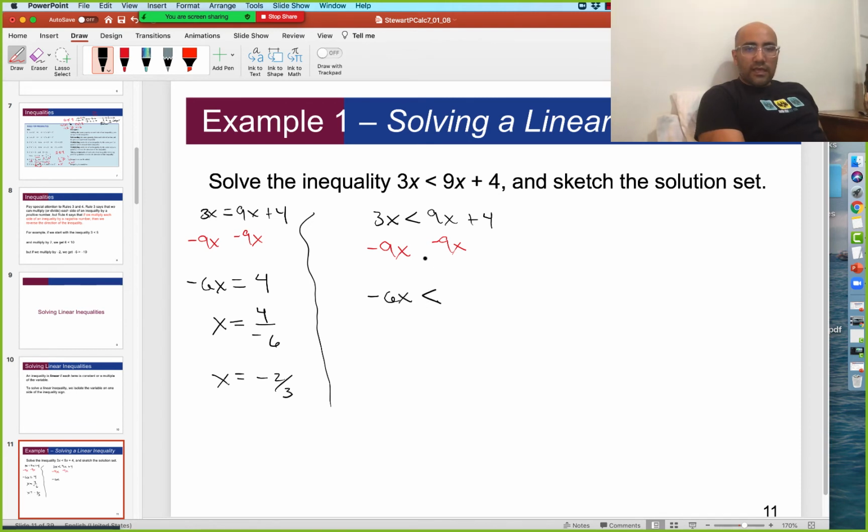Negative 6x is strictly less than 4. And now we have to divide both sides by negative 6, which is equivalent to multiplying both sides by negative 1/6. The rule didn't specifically say anything about division, but dividing both sides by negative 6 is the same thing as multiplying both sides by negative 1/6.